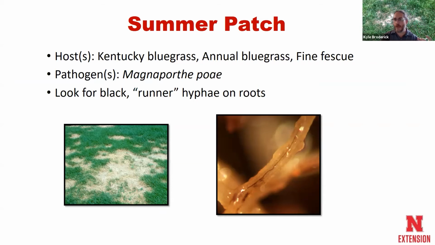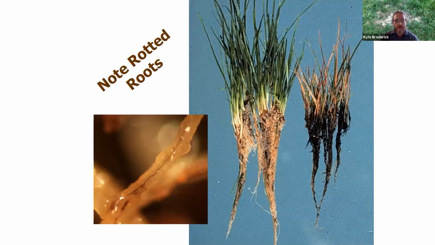It will kill the entire blade of grass, but the way that we can identify it in the clinic is by looking for these black runner hyphae along the root. We actually need to look at the roots and float them in order to identify that fungus that's just running along the root.